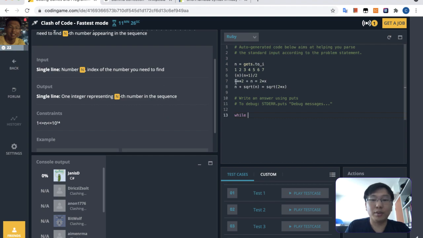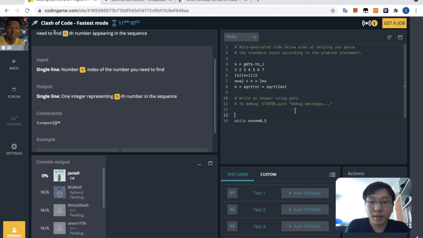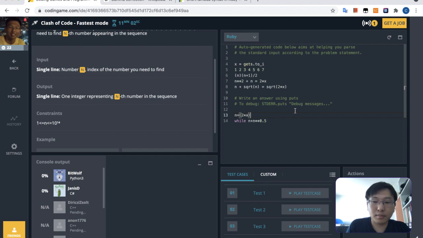Now we have to reverse. We have to call this x and call this n. So I put this number as x instead. While n plus square root n, okay, we start off with n equals square root of 2 times x, to form this one here.